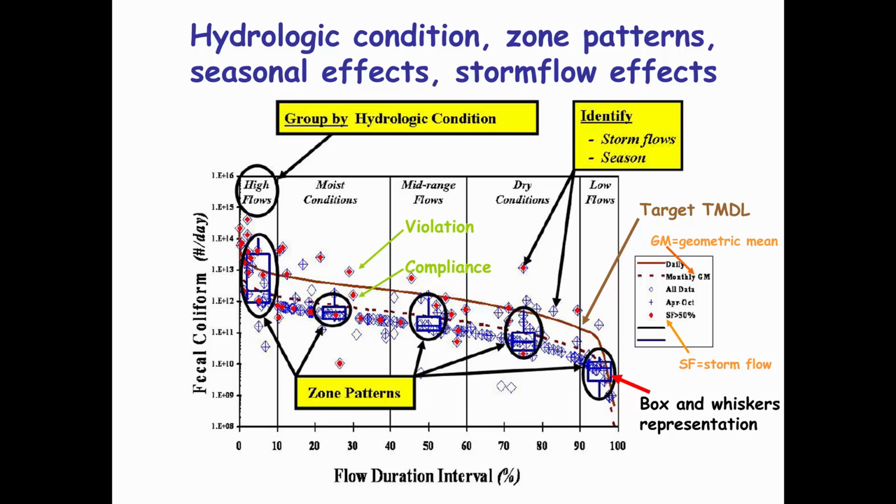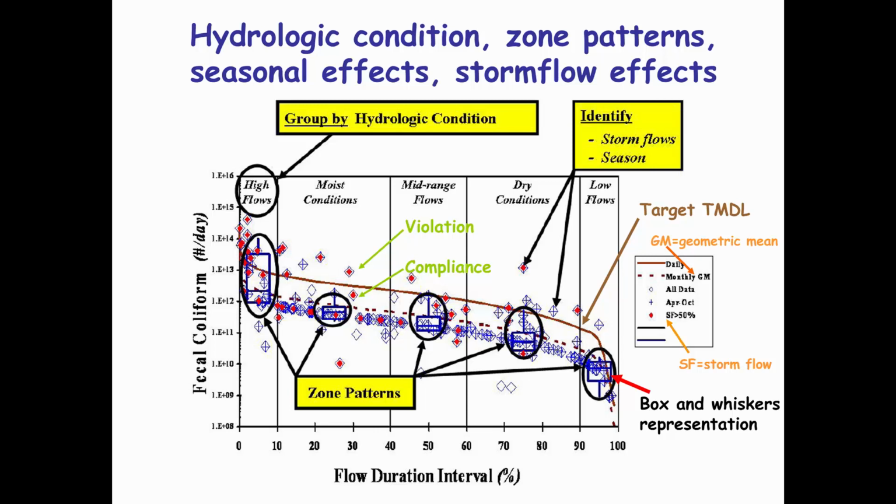Within any one of those flow conditions, we see that the data points can be analyzed statistically, and the plots that are shown there, the boxes, are called box and whisker representations of the data. In each box, we've got three horizontal lines.